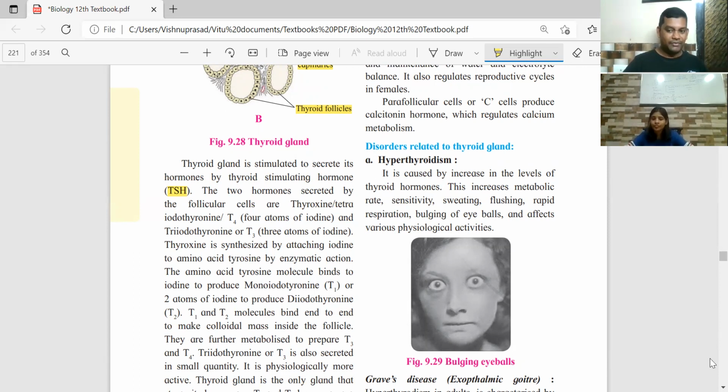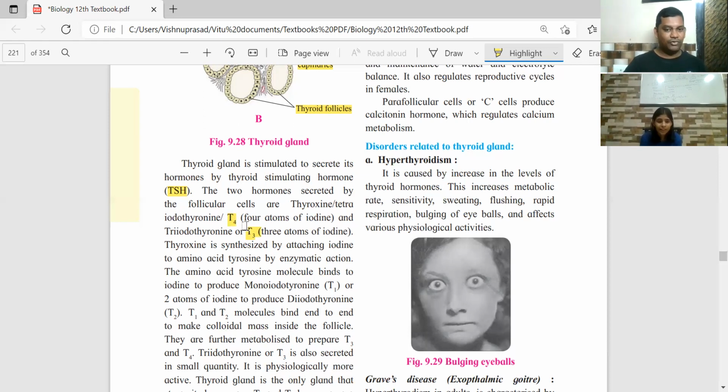The pituitary creates that TSH, which stimulates the thyroid to produce the hormones. That's why this is called a stimulating hormone. Now, in these thyroid follicles, which are lined with follicular cells, they produce two hormones. One is called T4, the other one is T3.